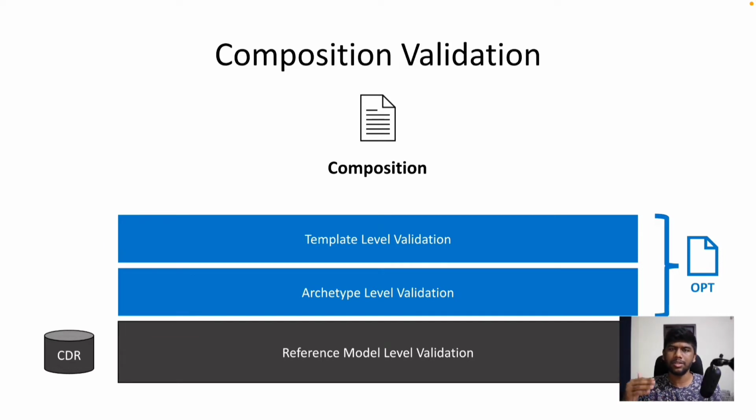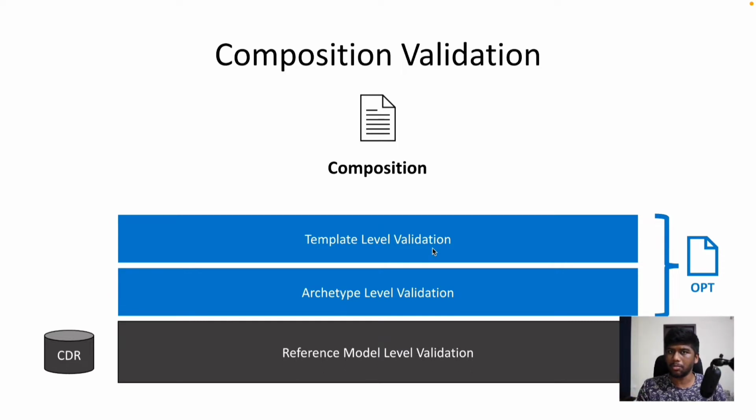Out of these, the first level of validation happens at the template level. It means that you can only record data that you have explicitly mentioned in the template. For example, if you have a template that has only blood pressure and pulse, you cannot record body weight as part of that template.